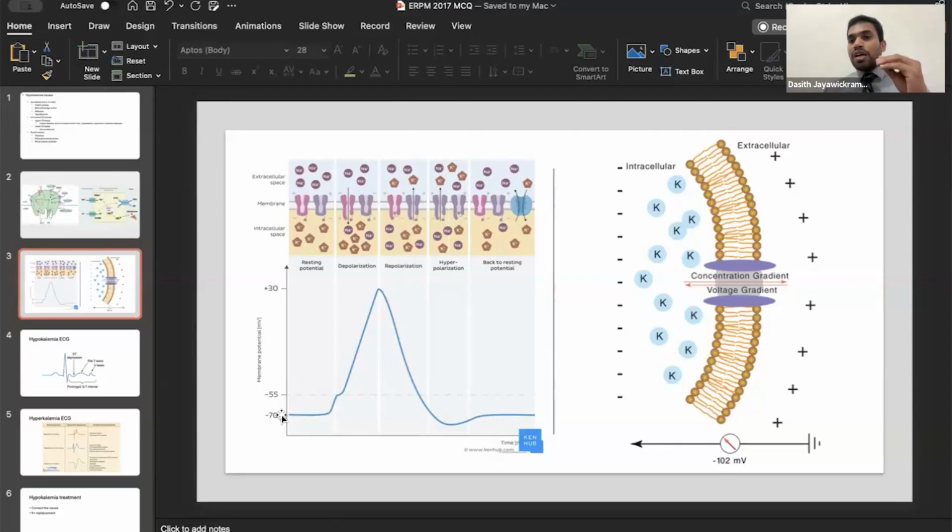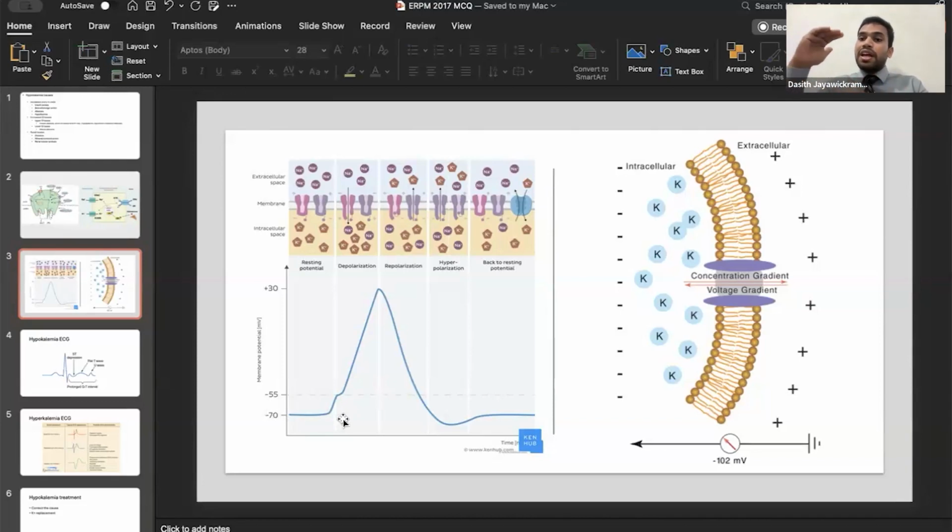So when an impulse occurs, there's something called the threshold potential. That threshold potential, for example in this diagram, is -50. When the membrane potential is -90, it is difficult for the membrane to achieve the threshold potential. Because imagine -50 and -70, there's only a 20 millivolt gap.